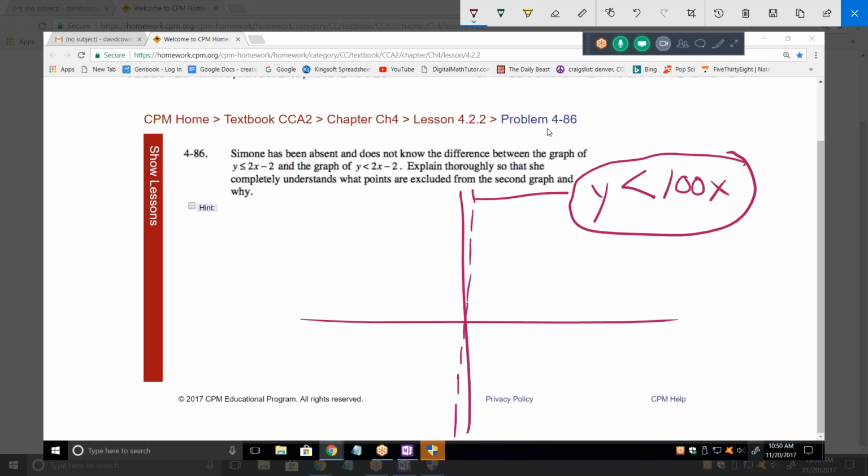It would be below. Perfect. So many people would want to say right.